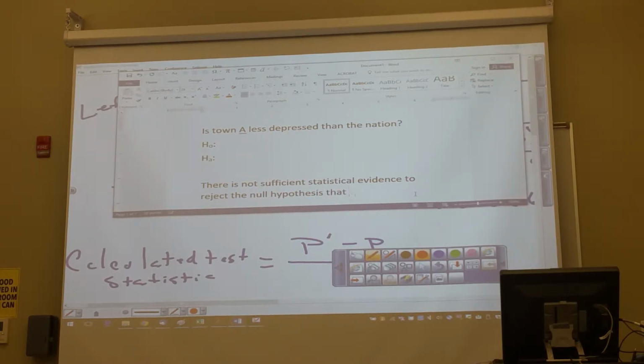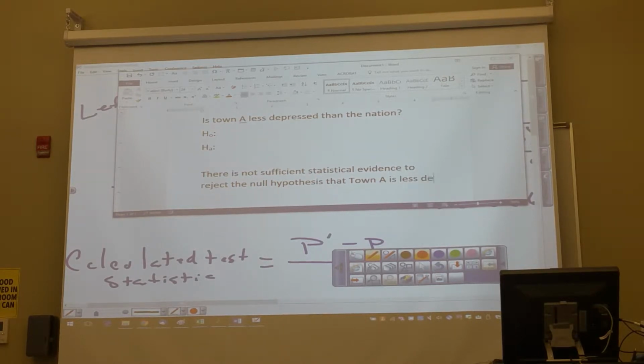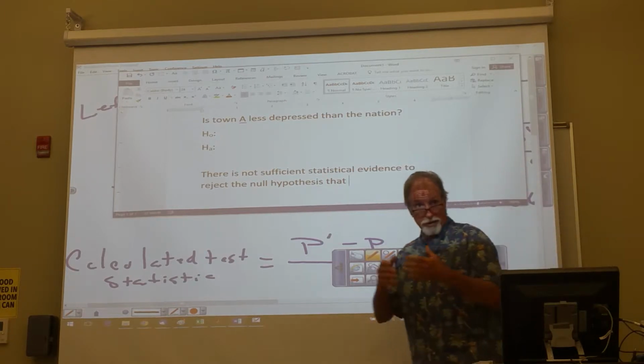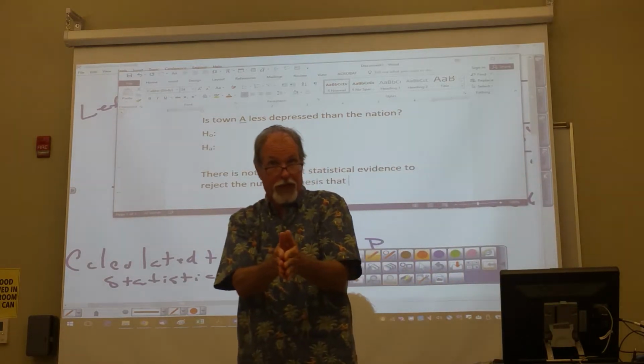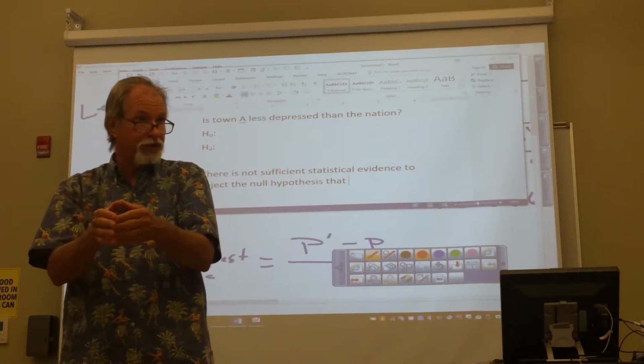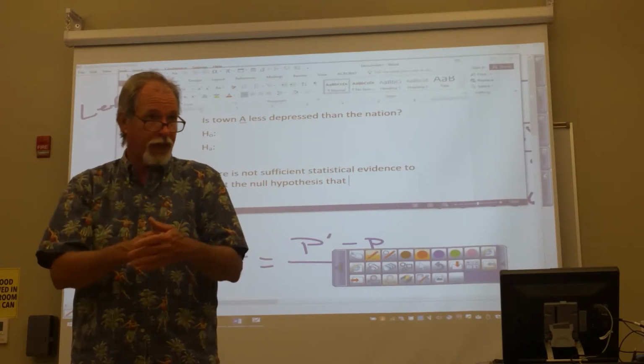That town A is less depressed, or there is not enough statistical evidence to reject the null hypothesis that the town is any different. So I cannot say this town is happier.